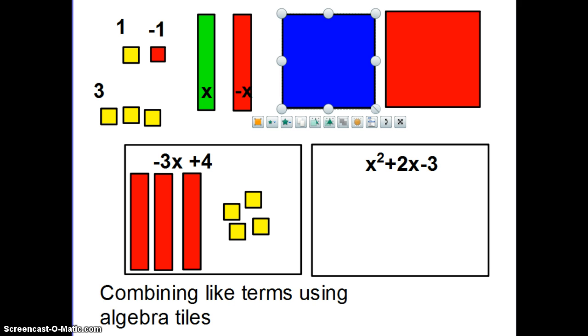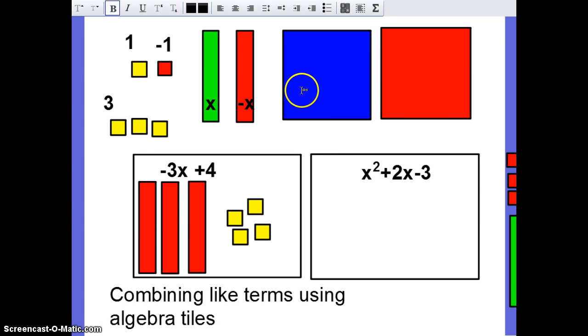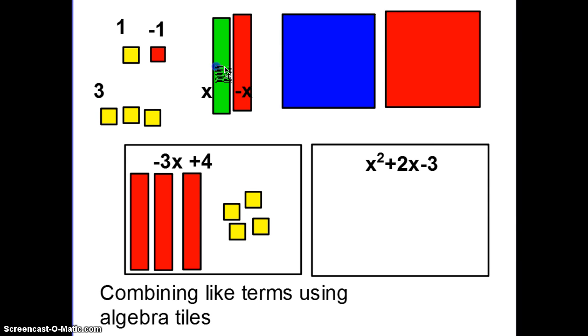Last, we have these large squares, and you might have noticed, and I'm going to point this out, that the rectangle, the x, is the same height as the square. And if we were to flip this over on its side, you see that it's also the same width as the square, because as you know, a square has all 4 sides the same.